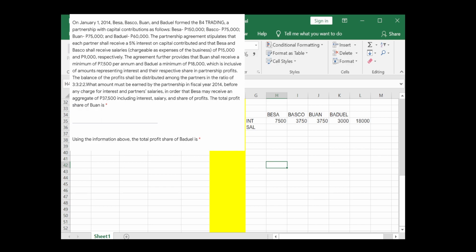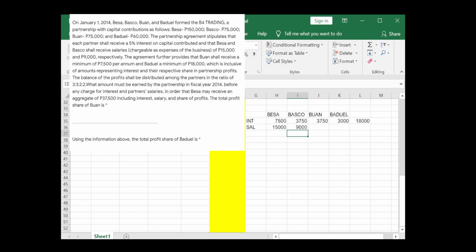Okay, 15,000 and 9,000. Okay, so from the given, we cannot consider this phrase na sabi dito, chargeable as expenses.